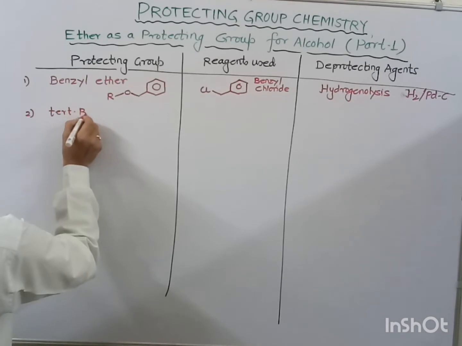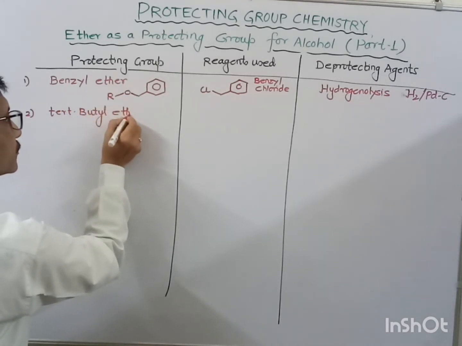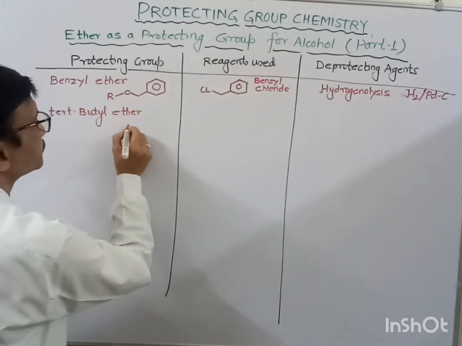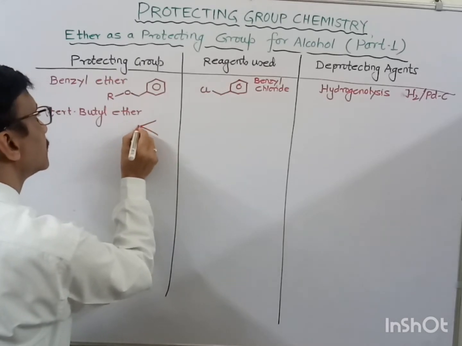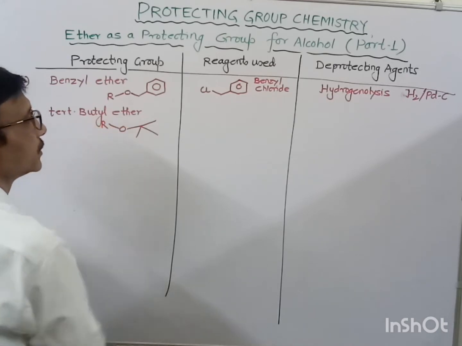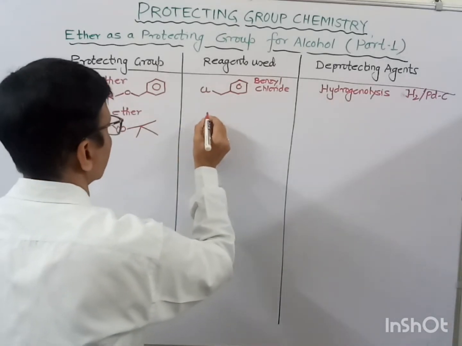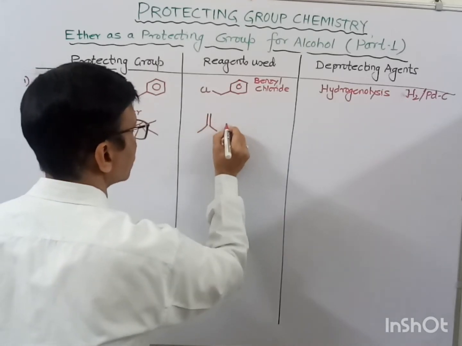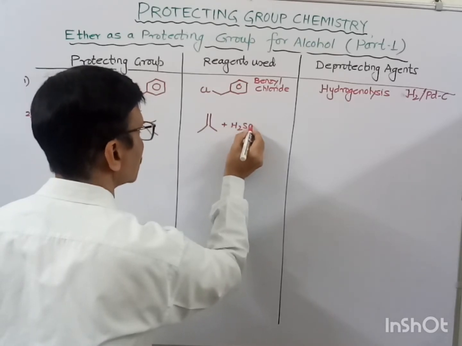Now, the second one that I will tell you is tertiary butyl ether. Okay, so the formula. For this we may use isobutylene in presence of, suppose I use, H2SO4.